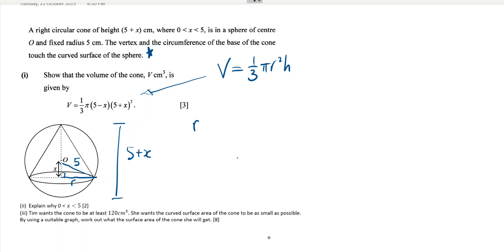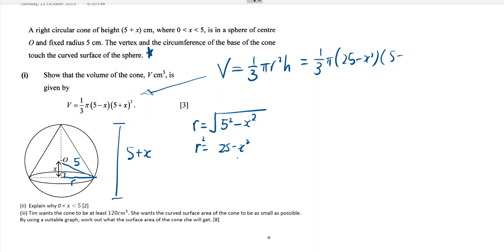So by Pythagoras' Theorem, r is equal to the square root of 5 squared minus x squared. Then r squared will be equal to 25 minus x squared. So for this cone, it will be 1/3 pi, the radius squared is 25 minus x squared, and then the height is 5 plus x.